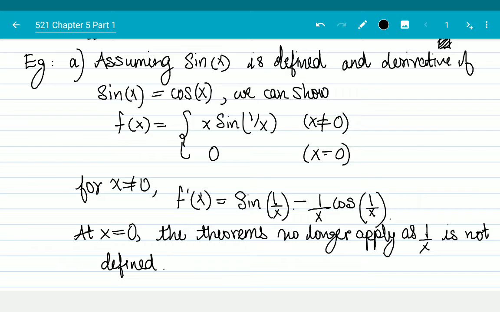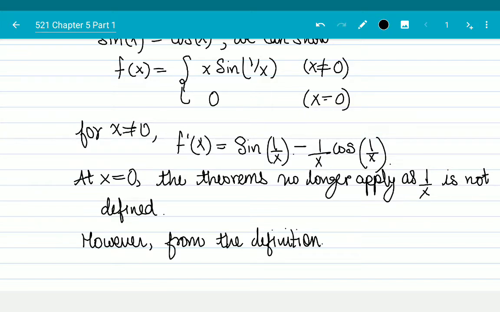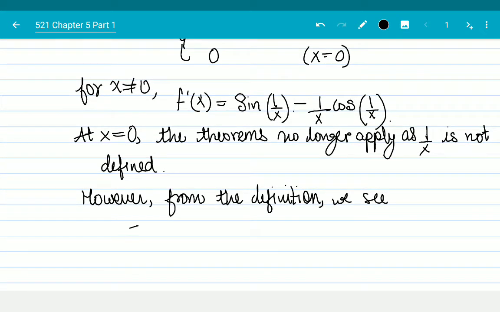However, from the definition, we see f of t minus f of 0 over t minus 0 is, well, at 0 I've defined it to be 0, right?